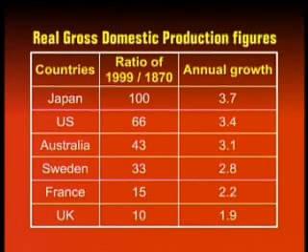US's economy has expanded by 66 times, Australia 43 times, Sweden 33 times, France 15 times, and UK 10 times. And these are phenomenal expansion rates. I mean, imagine a country expanding its GDP or level of activity by 100 times over a period of 130 years. Now, how does this translate in terms of per capita real GDP?